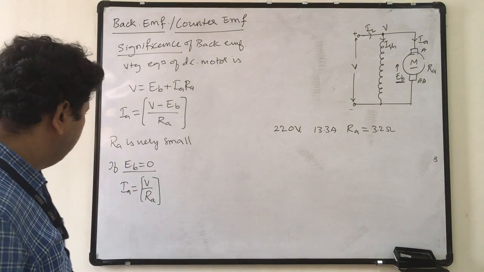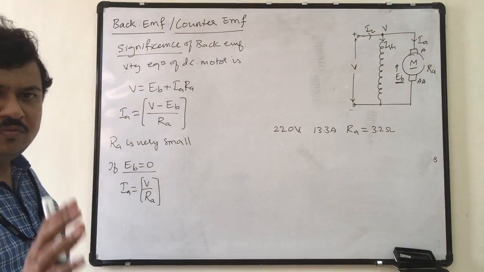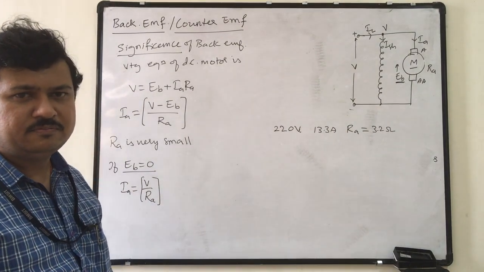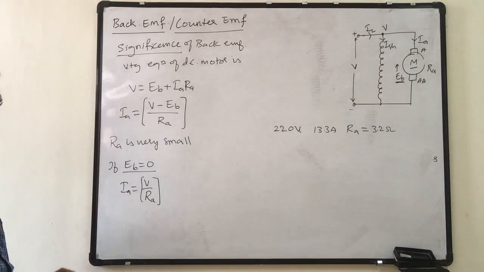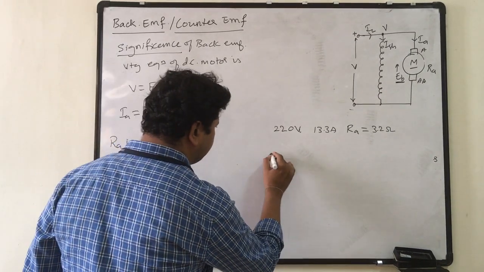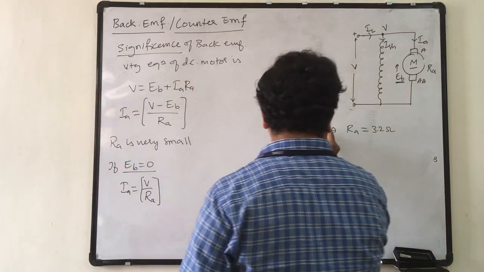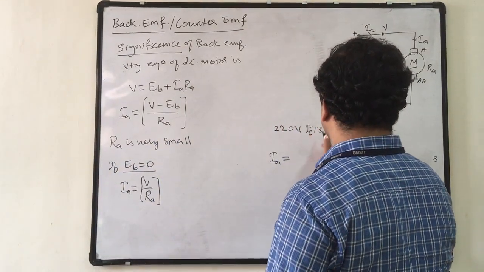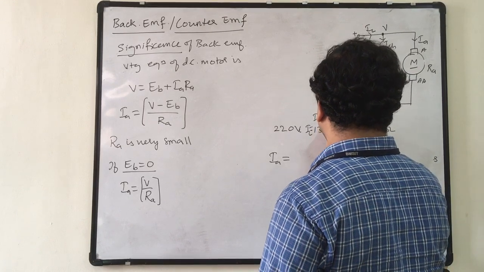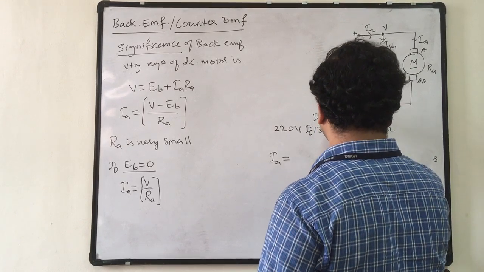These are not arbitrary values. These are the values of the physical motor that is present in our laboratory. Now suppose that motor does not generate back EMF as per this equation. Then what would be the current Ia? This is the load current IL. ISH will come out to be around, say, 0.5 amperes.